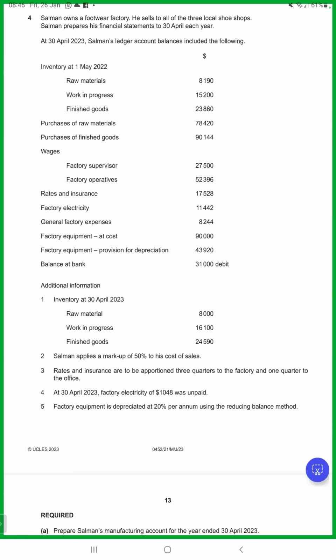So we have got the factory operatives. That's direct wages, because the supervisor is an indirect cost. The supervisor is supervising the people that are working in the factory. Those people that are really doing the work, their salaries refer to the direct wages.